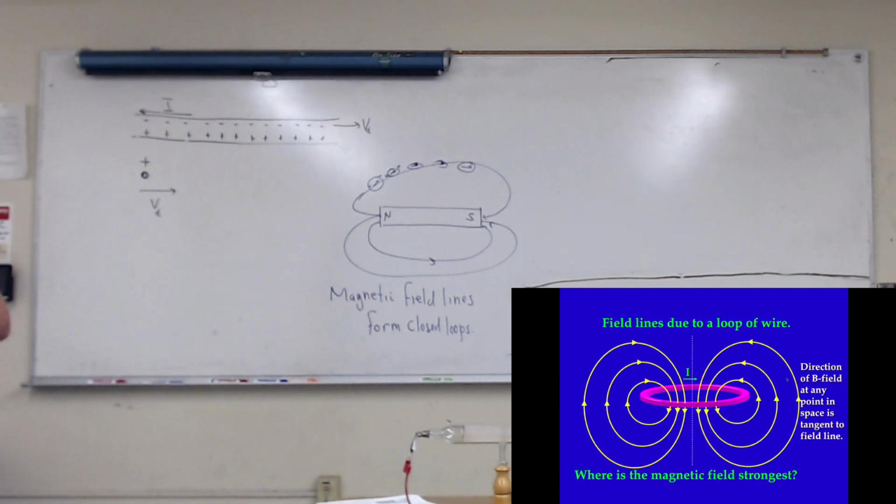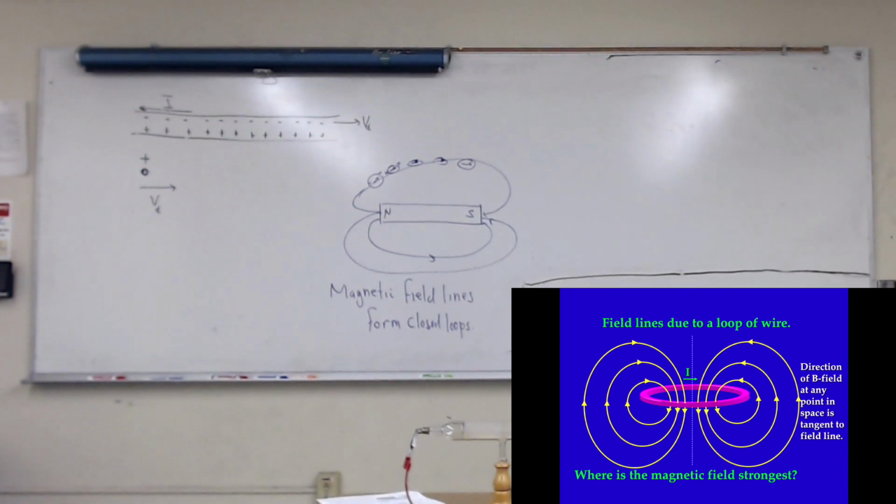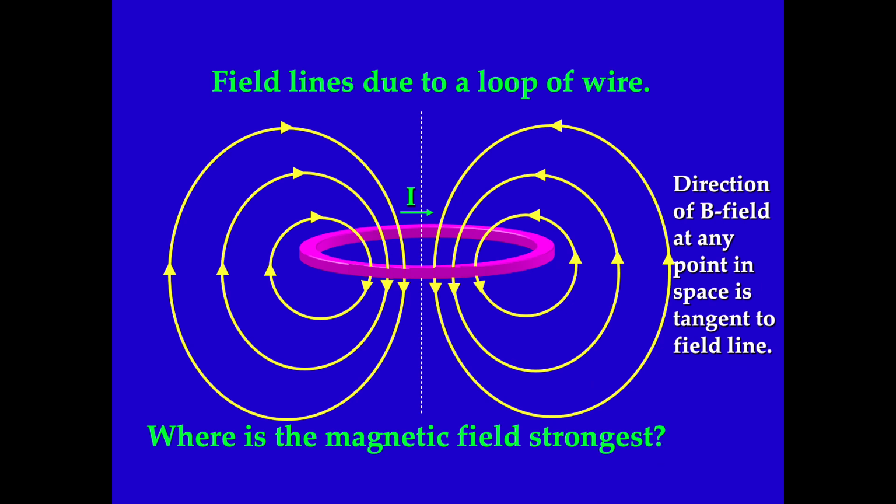Here are the magnetic field lines due to a current-carrying loop of wire. Actually, let me do this for you guys so you can see it better. Here are the magnetic field lines, the yellow lines, due to a current-carrying loop of wire. They form closed loops. And the direction of the field at any point in space is tangent to the field line.